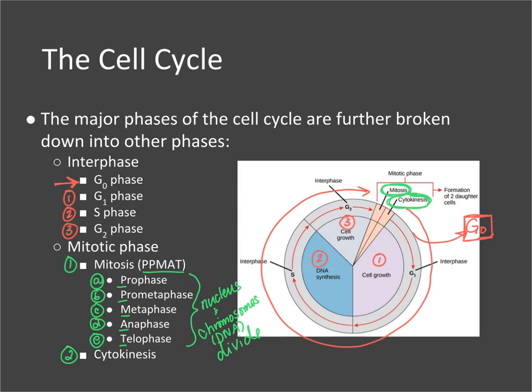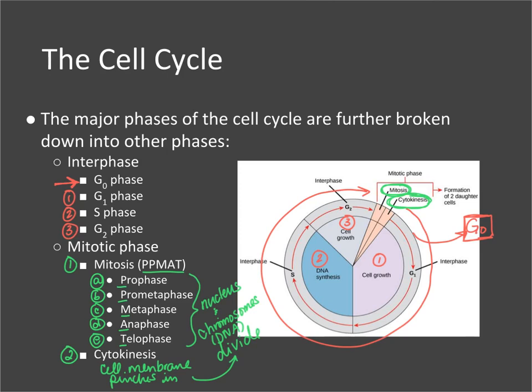During cytokinesis, the cell membrane pinches in to divide the cell into two smaller cells. And each of the new cells gets one of the new nuclei that was created during mitosis.